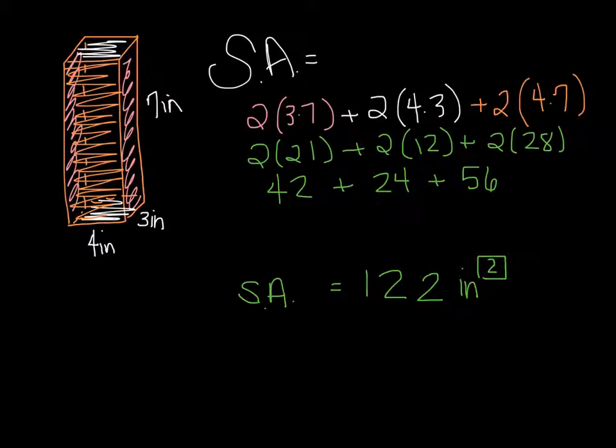Okay, so on the next part of this video, I'm going to give you a rectangular prism, and we will find the surface area, and then just as a review, we'll also consider talking about volume.